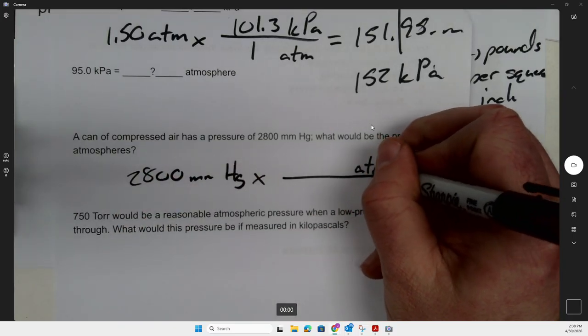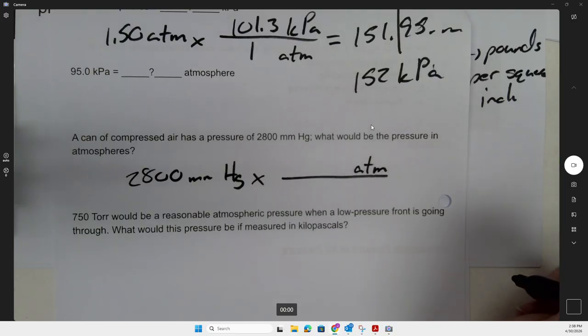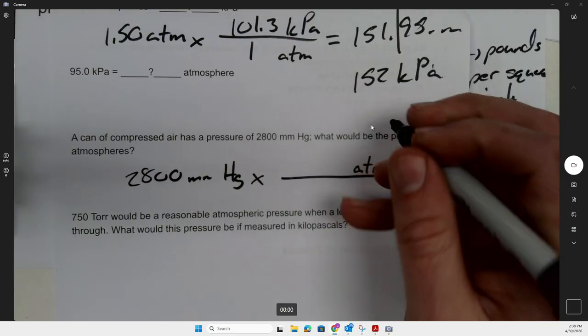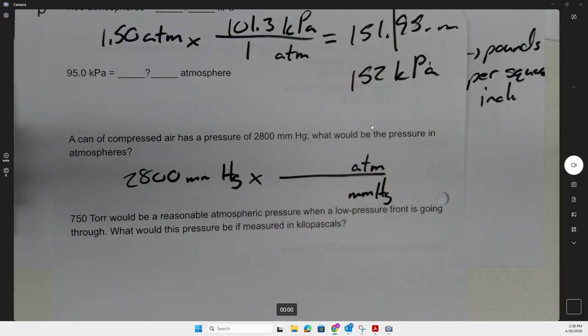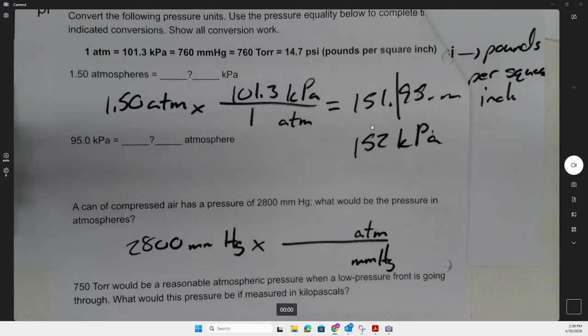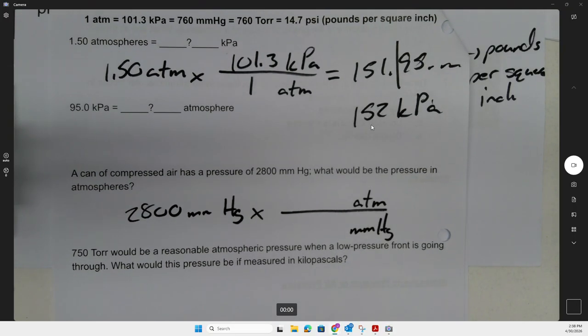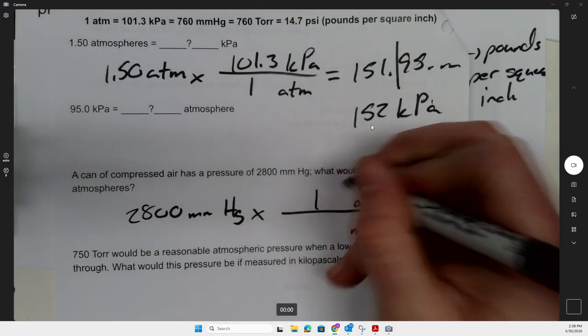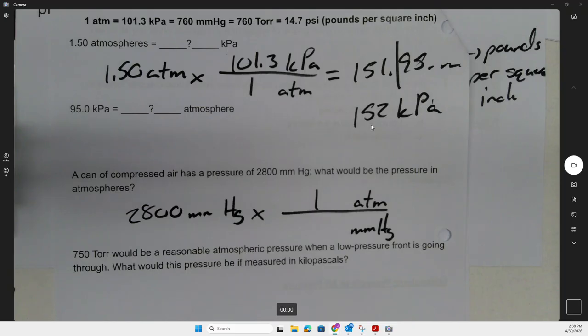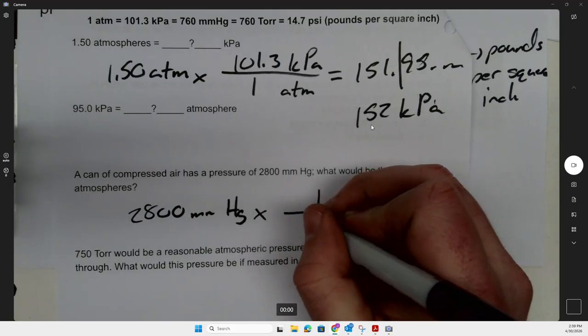Atmospheres. What's going to be my denominator? Millimeters of mercury. So I go back to my equalities. How many atmospheres am I going to work with? 1. How many millimeters of mercury exist in one atmosphere? 760.